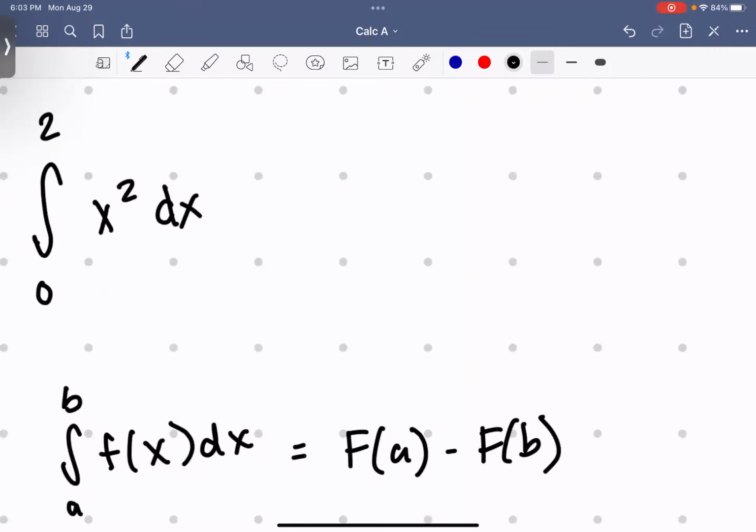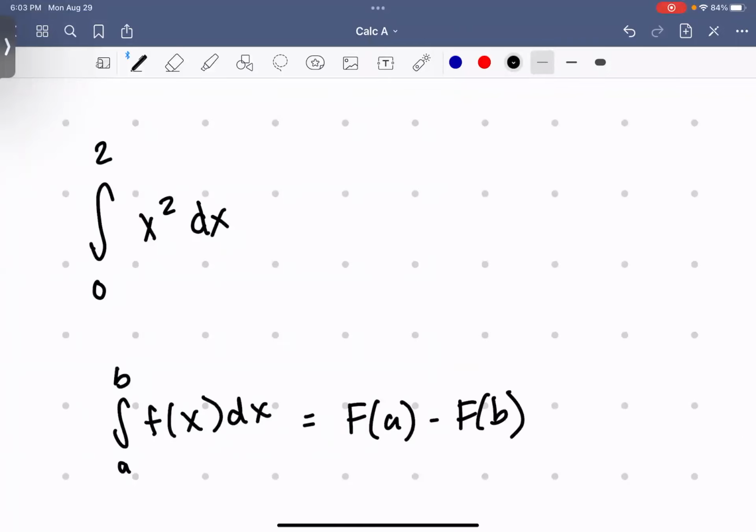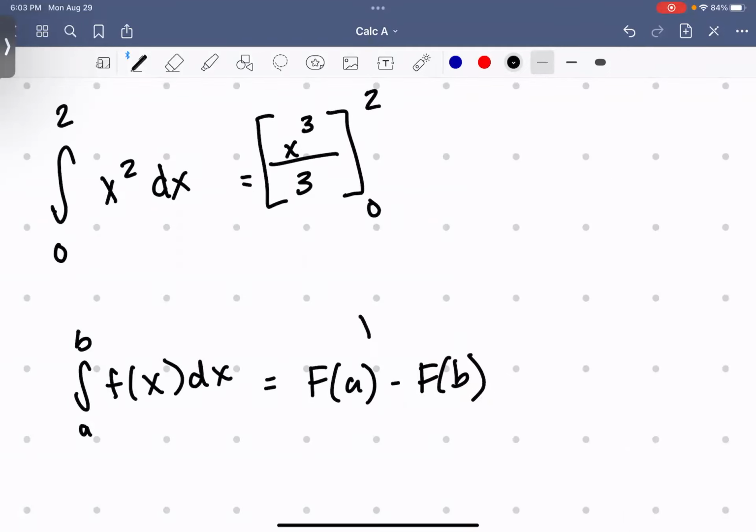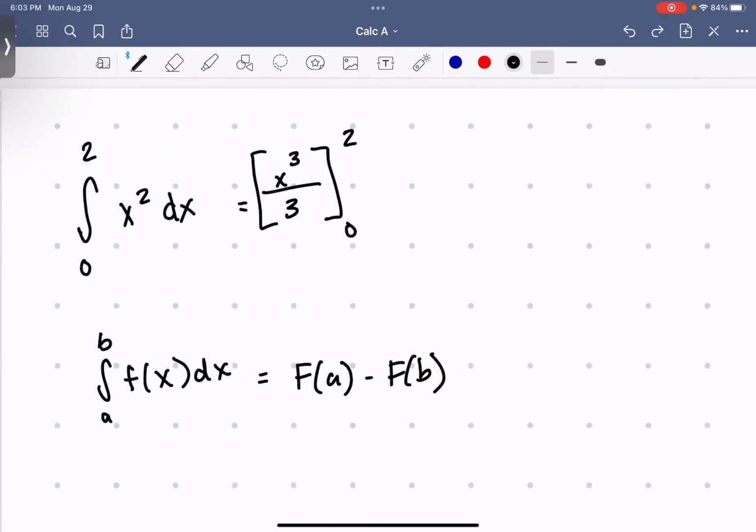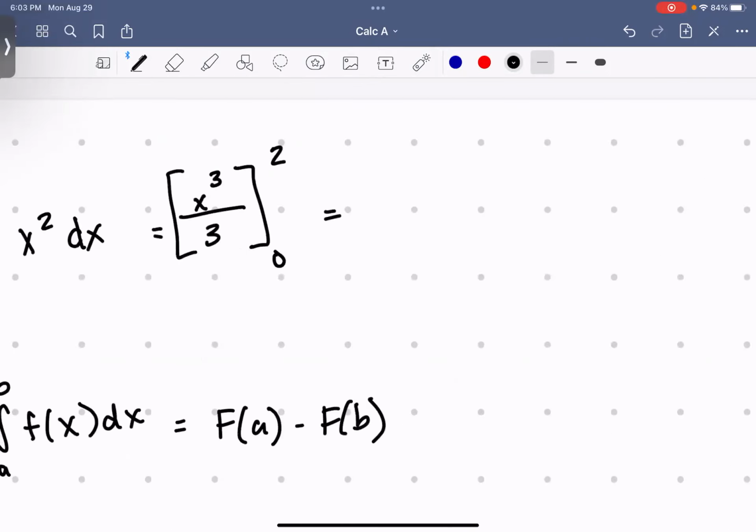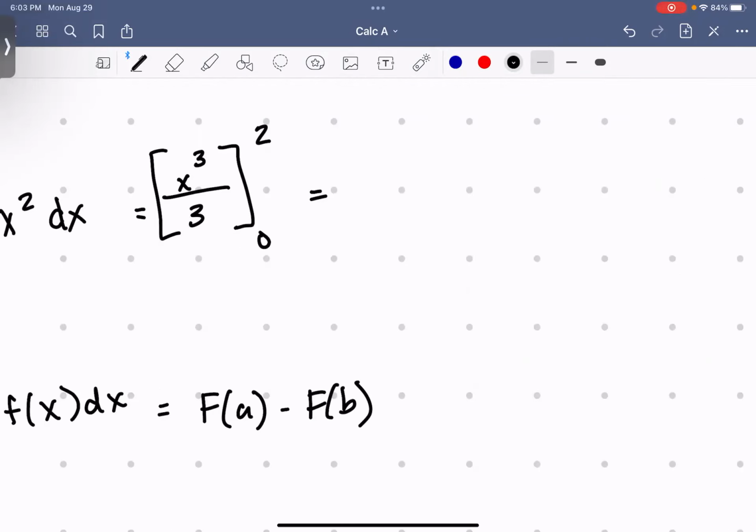Okay, so if you recall, the integral of x squared is going to be x cubed over 3, and this is going to be set by the bounds from 0 to 2. So are you following this equation here? Sorry, I messed up.